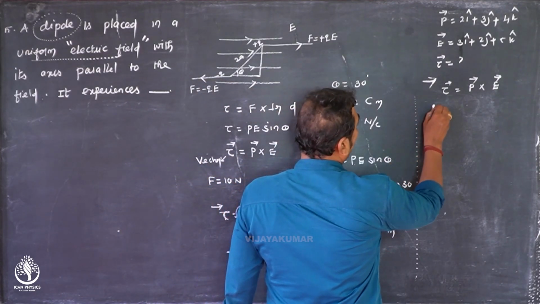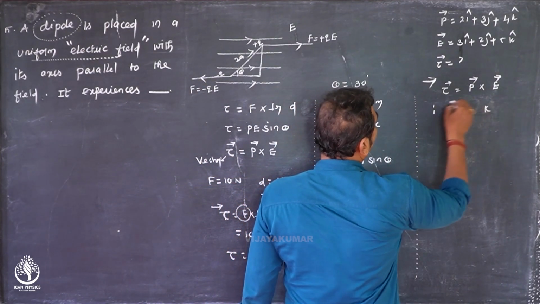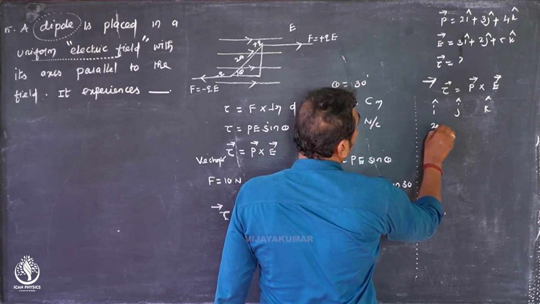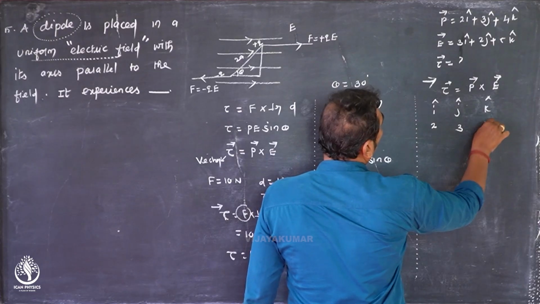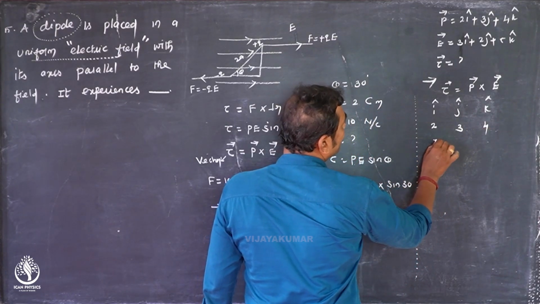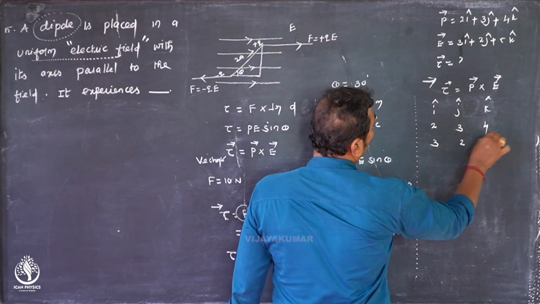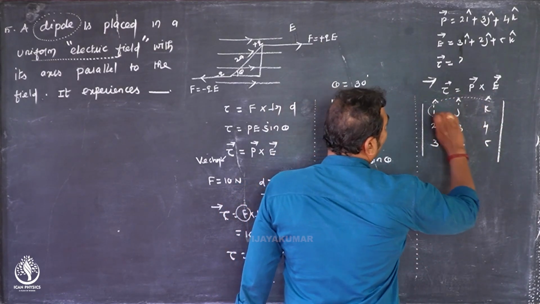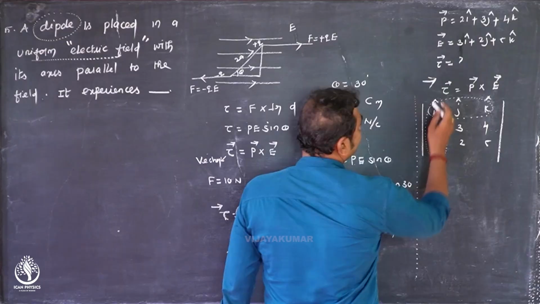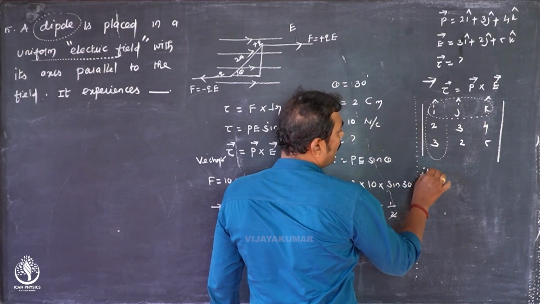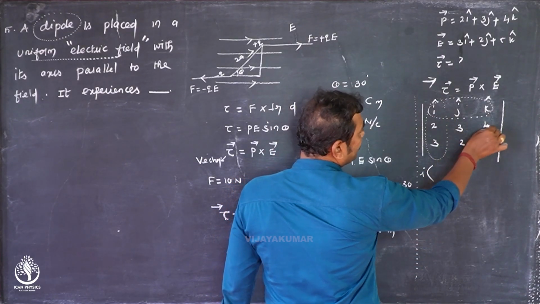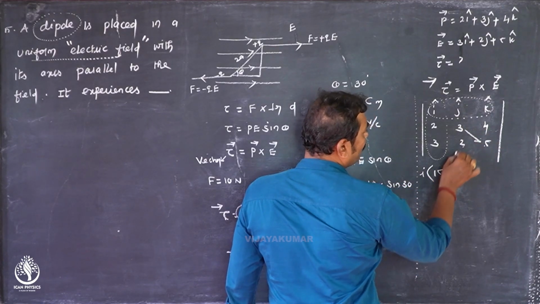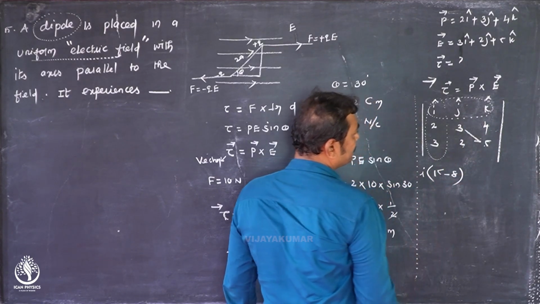We write i, j, k. For P: 2, 3, 4. For E: 3, 2, 5. First we go for i. What are the remaining ones? Upper, 3 5s are 15, and 2 4s are 8.